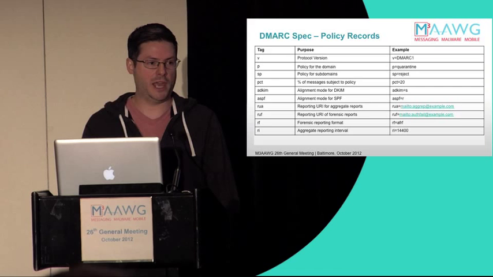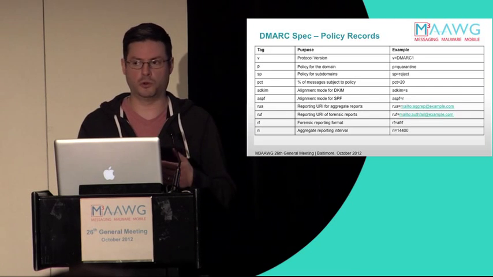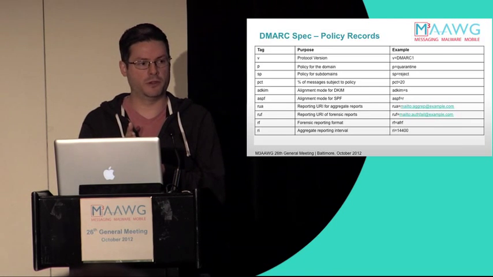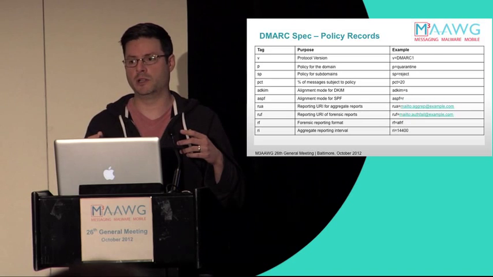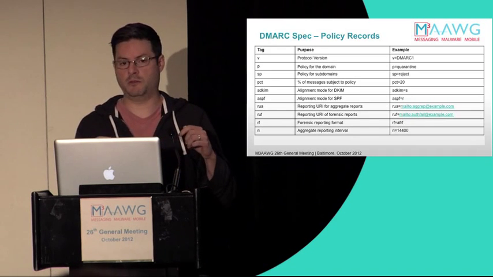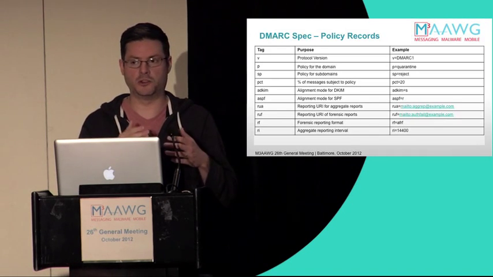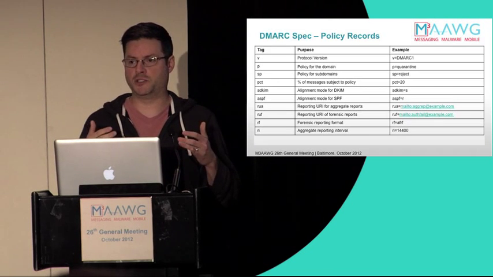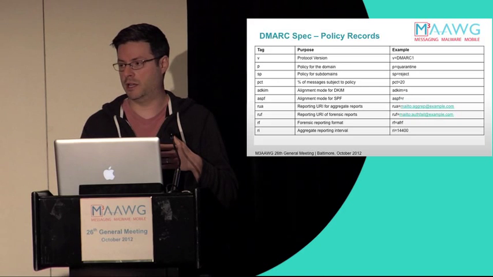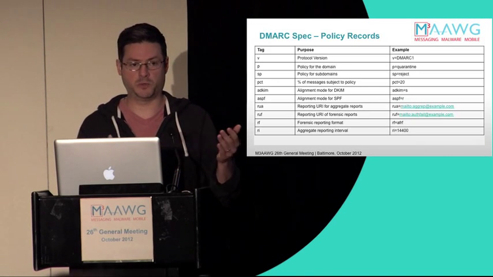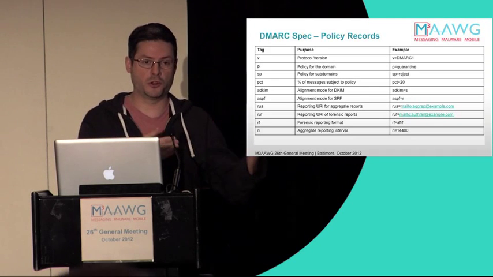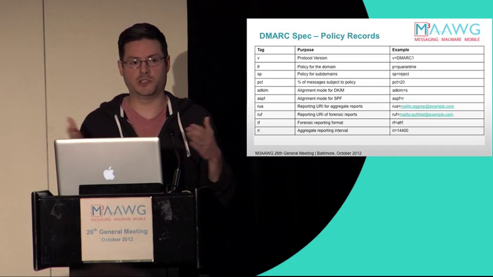The ADKIM and ASPF fields are how you control the alignment mode individually. So rather than setting alignment at the level of the record, at the DMARC level, what these fields let you do is say what value you want for each of the underlying authentication mechanisms. Today we have two auth mechanisms that power DMARC, SPF and DKIM, so there are two alignment fields. Should there be a third one added, you could expect this to expand.